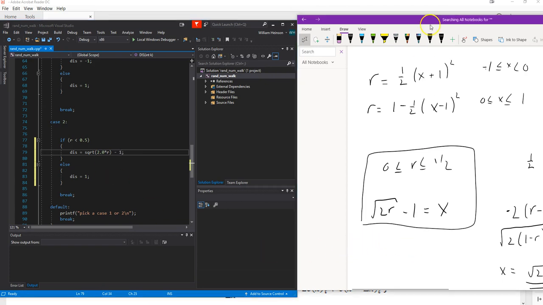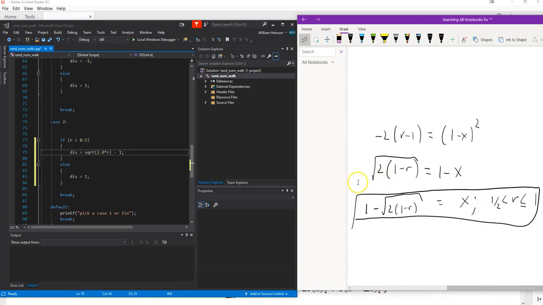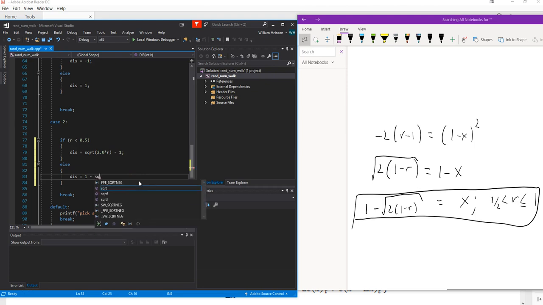Okay. And if we're over here, we are 1 minus the square root of 2 times 1 minus r. And that's it.